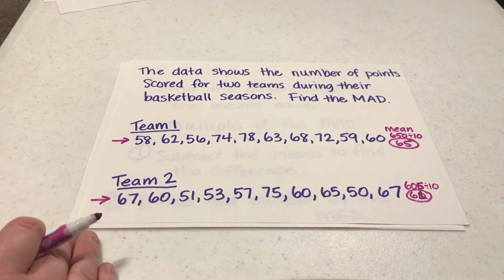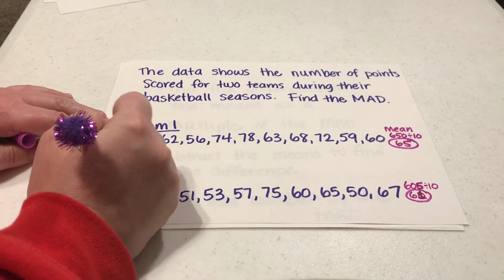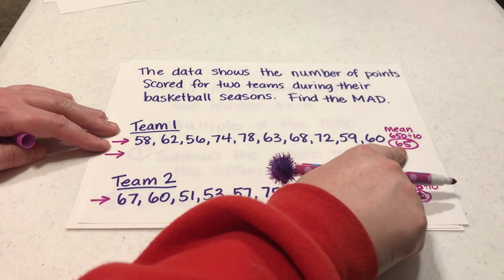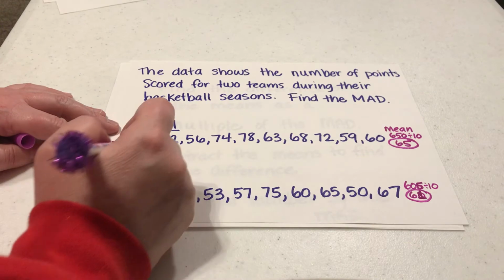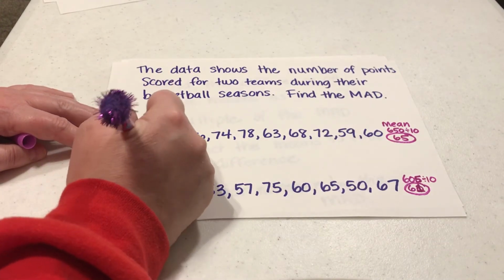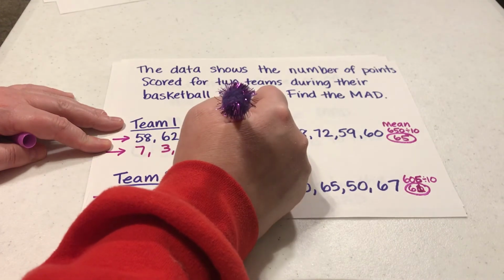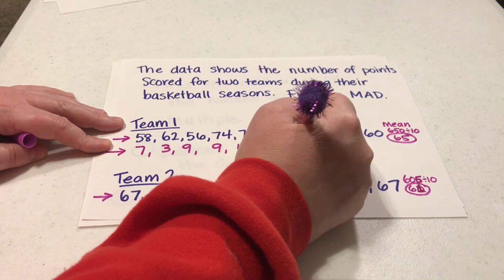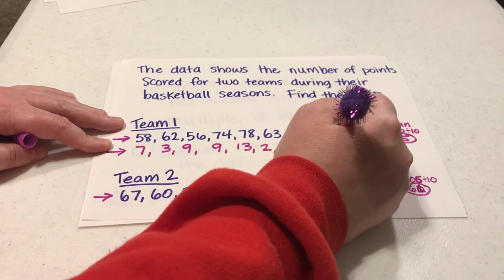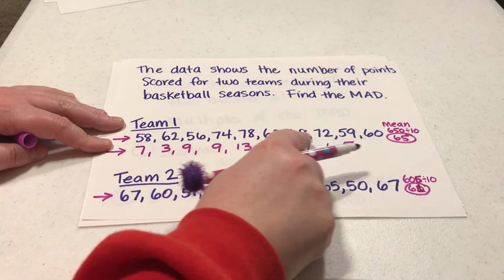This time we're going to do that absolute deviation again. And so we want to calculate each one of these. You're going to start a second line to calculate that absolute deviation from 65. Go ahead and pause your video. And I end up with 7, 3, 9, 9, 13, 2, 3, 7, 6, 5. 1, 2, 3, 4, 5, 6, 7, 8, 9, 10.